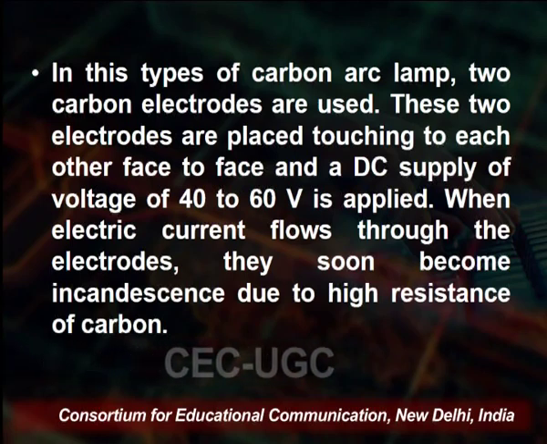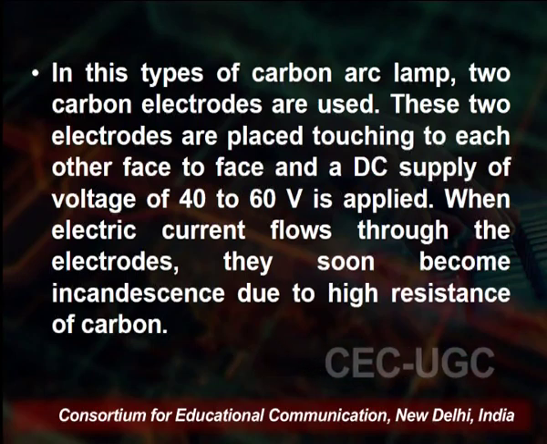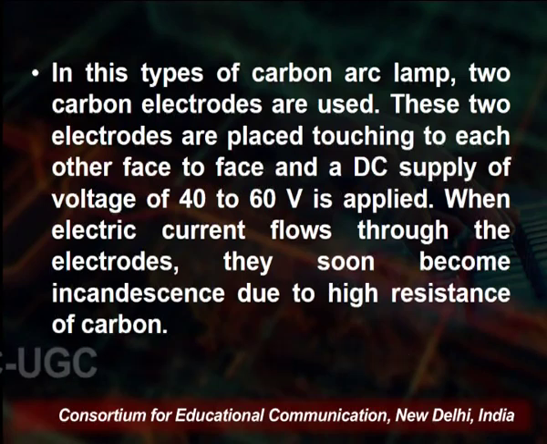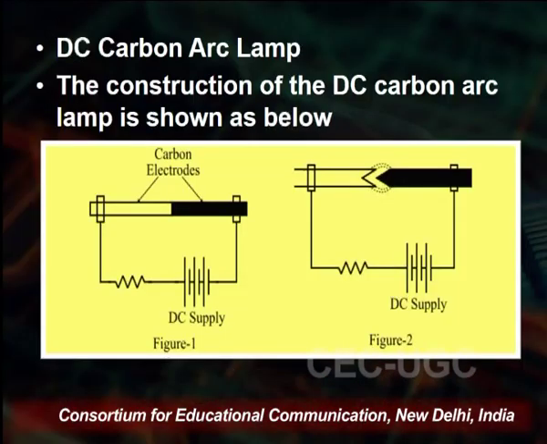When the electric current flows through the electrodes, they soon become incandescent due to the high resistance of the carbon. Now these electrodes are slightly separated so that a gap of 2 mm to 3 mm is formed, as we have seen in figure 2. You see here that the gap is produced between these 2 electrodes.